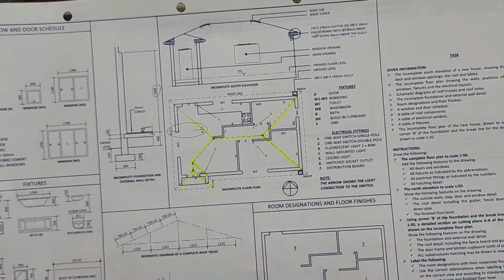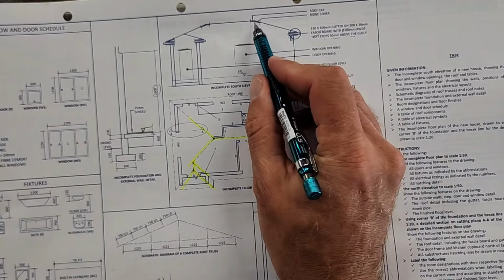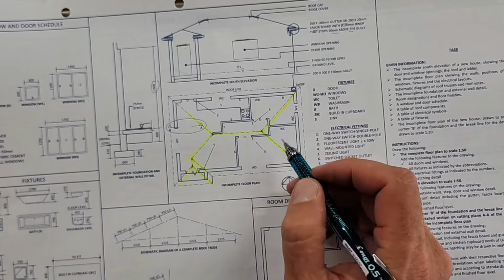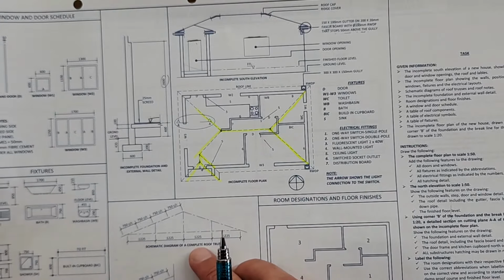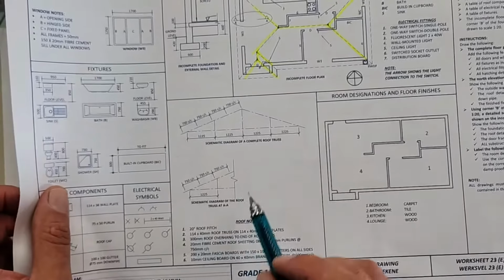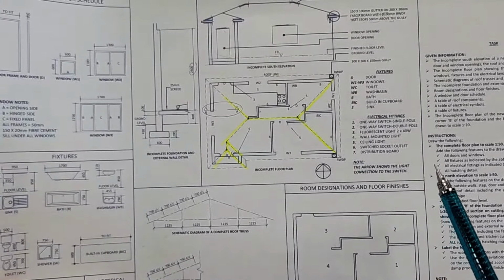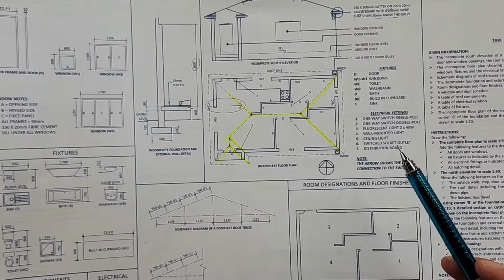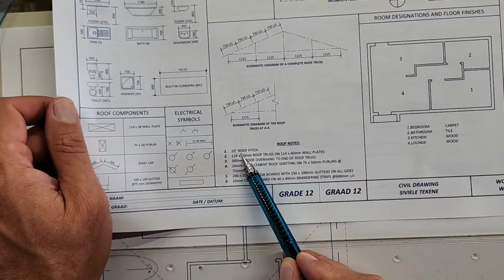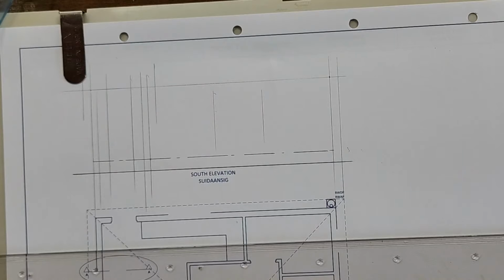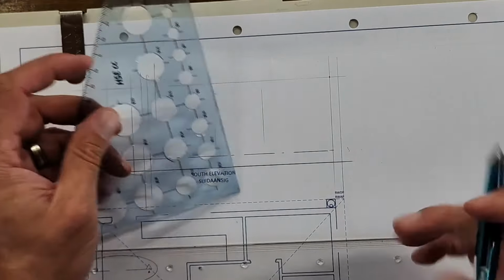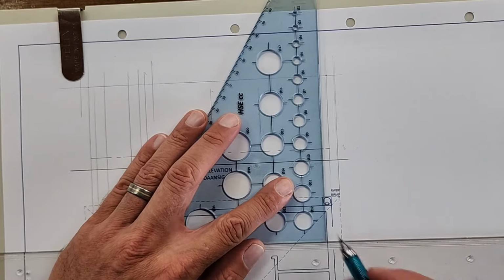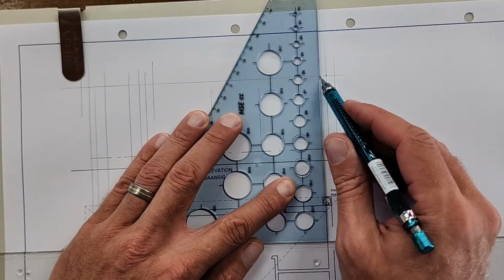Okay, so I'm going to need these dots to get this corner on the top, and that angle is going to be the 20 degrees that they've given us. Where's that roof plan now? Roof notes, sorry, there it is, 20 degrees, that's the roof pitch. Okay, so that is from the inside. So if I've gotten the inner wall there, I just have to bring that up as well.